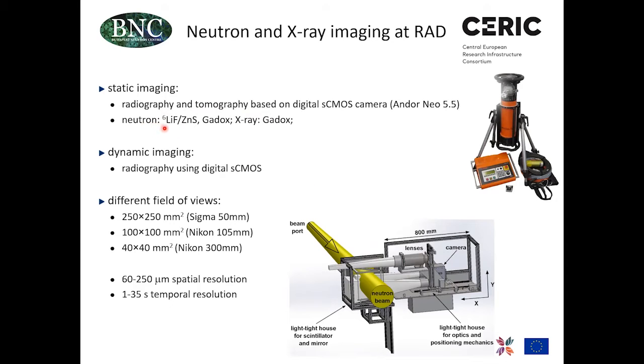The scintillator screen for neutrons can consist of either lithium-6 fluoride embedded in zinc sulfide or gadolinium oxide, and these can convert the neutrons, or in case of gadox, the X-rays, to visible light photons, and these are registered by this sCMOS camera.